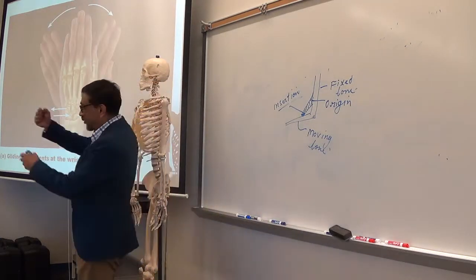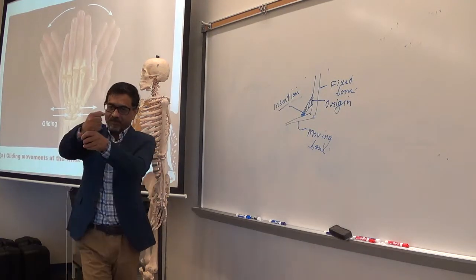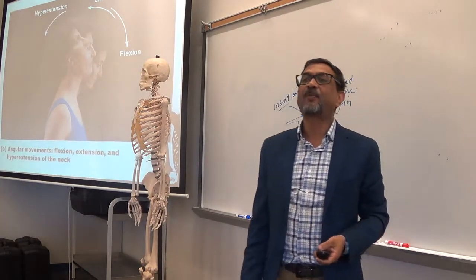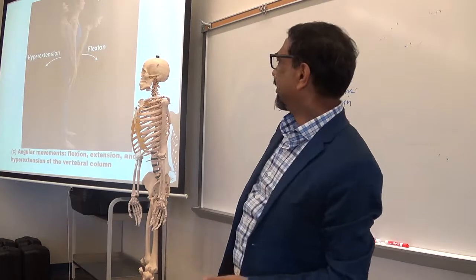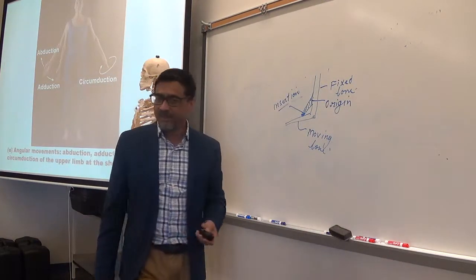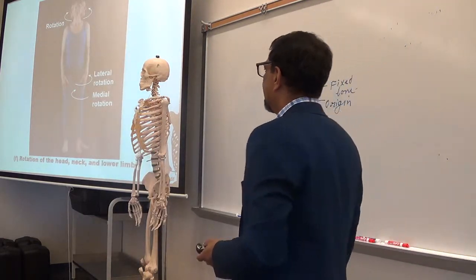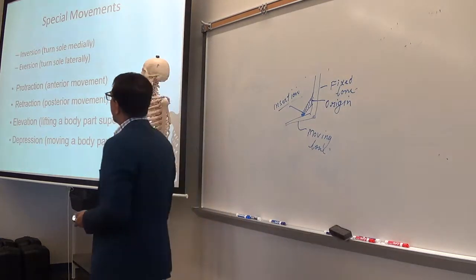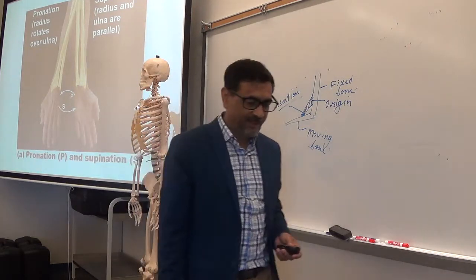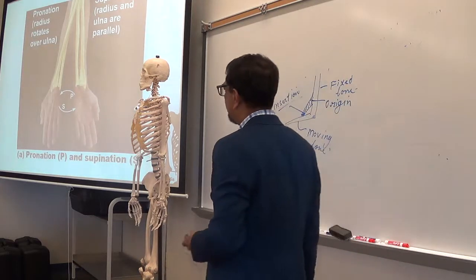Gliding, two flat surfaces, carpal bones, like this. Flexion, extension, hyperextension, this. Abduction, adduction, circumduction, rotation. This is supination, pronation. In pronation, the radius goes over the ulna.